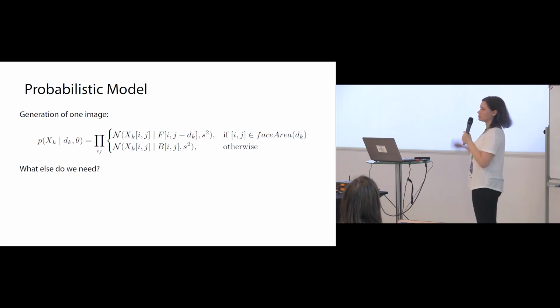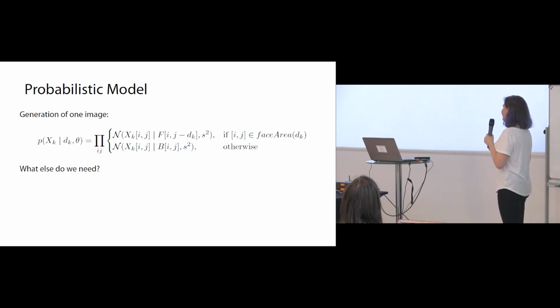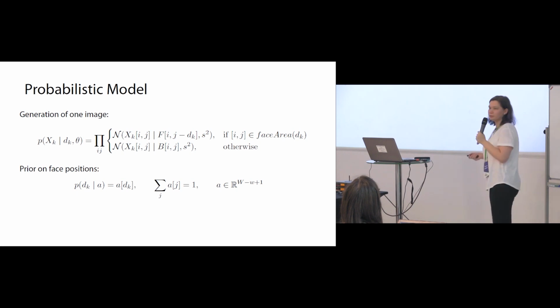What else do we need to write our probabilistic model? Now we have the likelihood. What else do we need? Prior, yeah. The prior is the probability distribution for d, and we decided to make it trainable too. We will have a vector of parameters A. The elements of this A are probabilities of the random shift: A_j tells us how probable it is that d equals j.